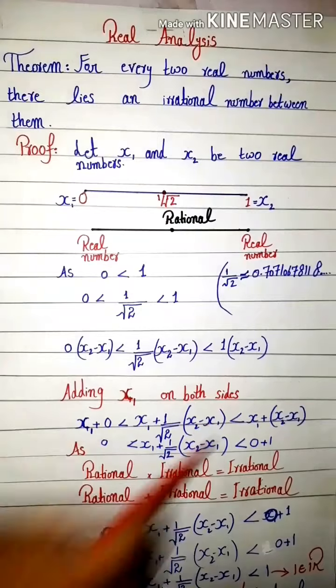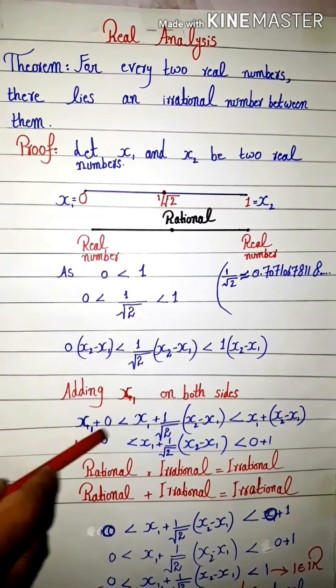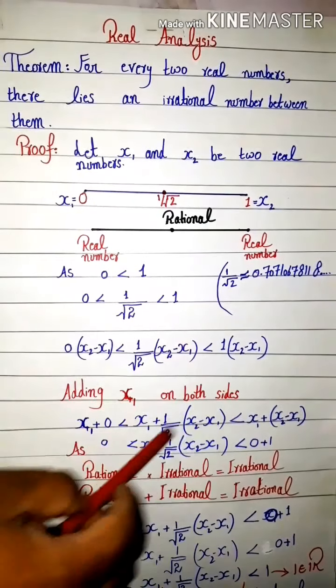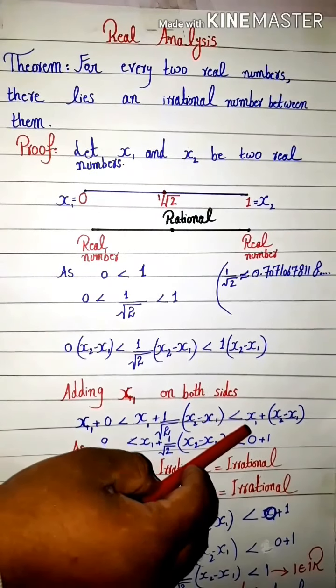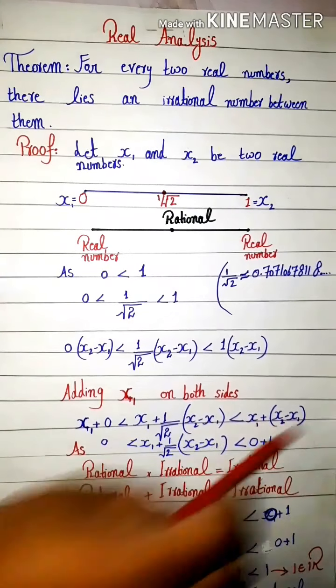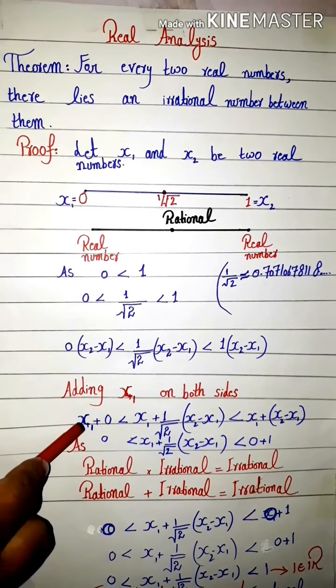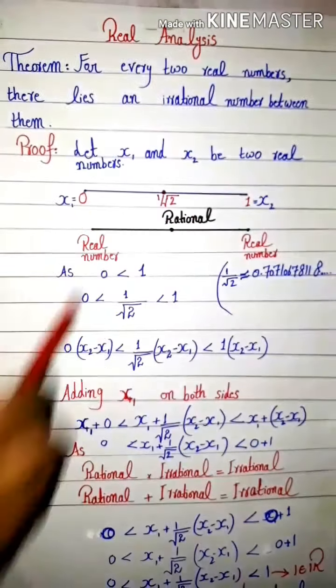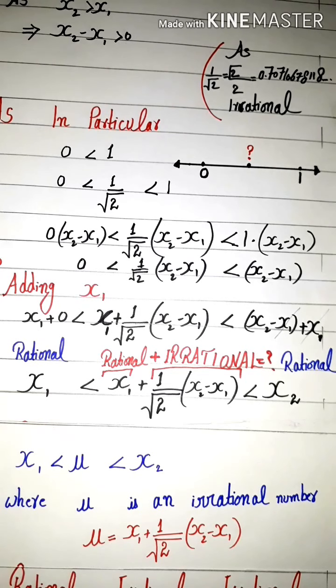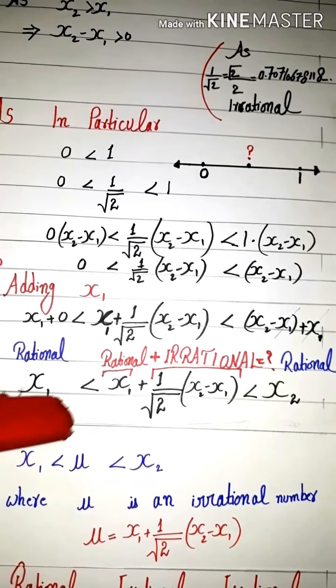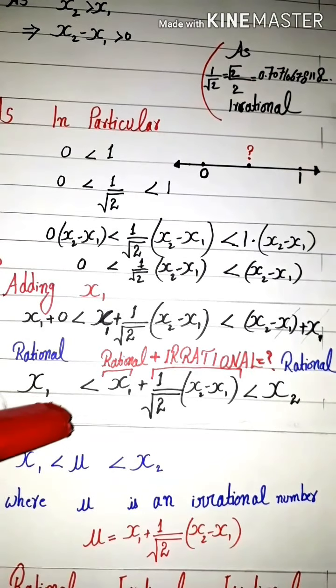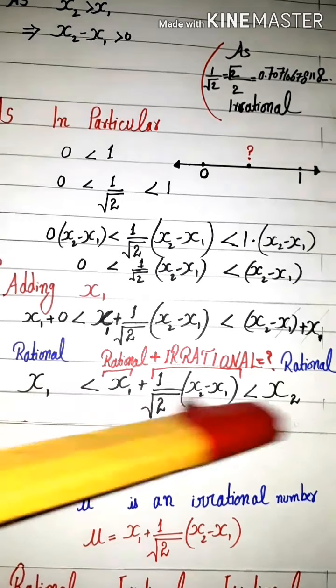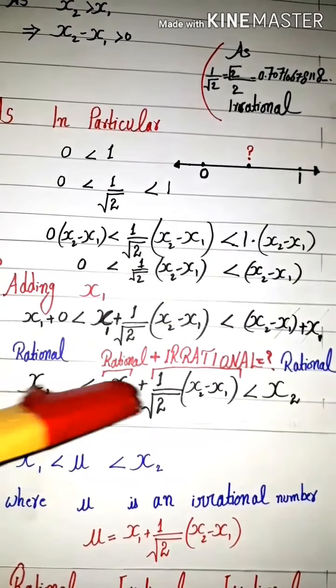Adding x1 on both sides, we get x1 plus 0 is less than this factor plus x1, less than x2 minus x1 plus x1. The value of x1 is 0, mentioned over here. x1 and x2 are supposed rational numbers.